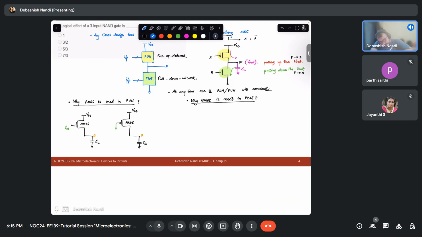So this is the gate terminal, this is the source terminal, this is the drain terminal, right? Similarly, can you tell me, let's say this is the gate terminal, and what about the other terminals in case of PMOS? What is this terminal? Is it drain or source?